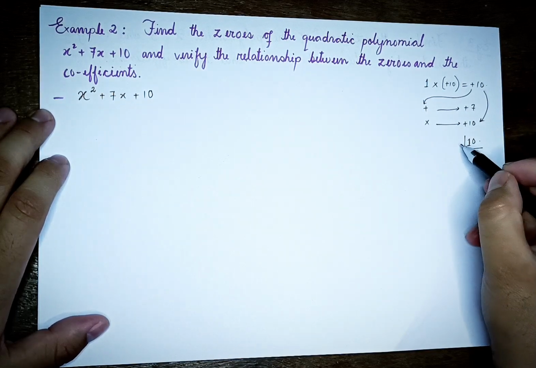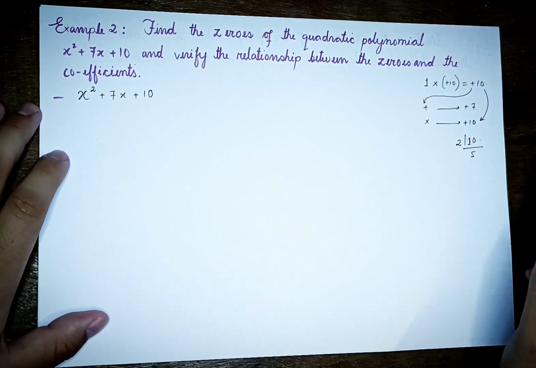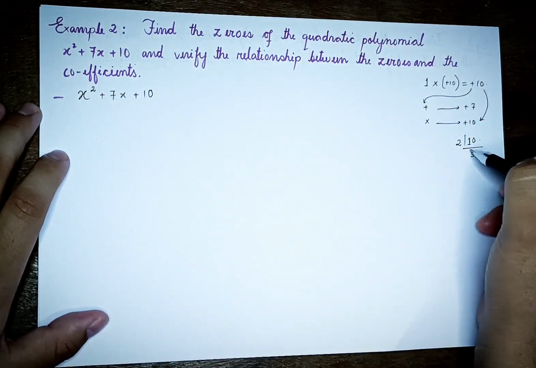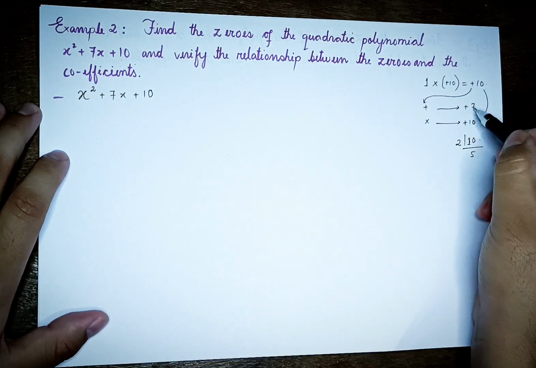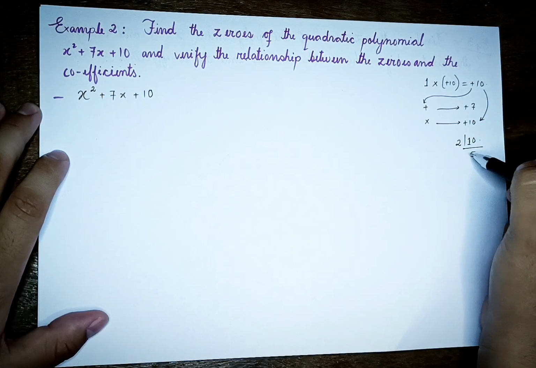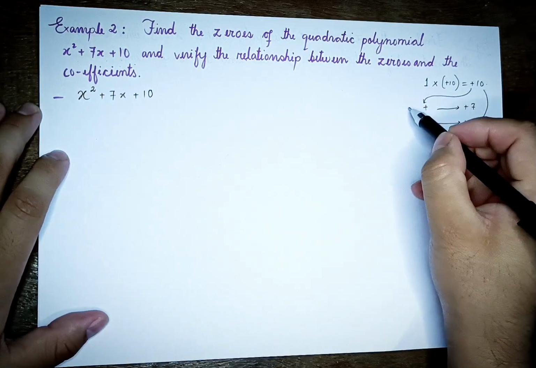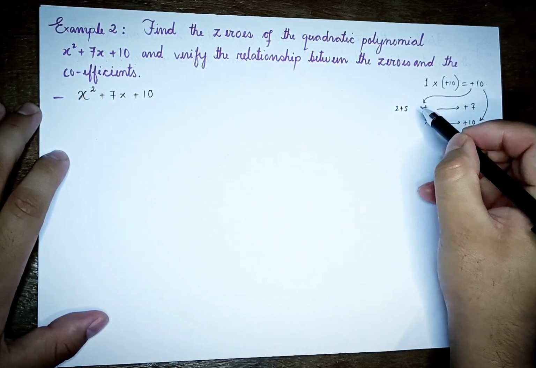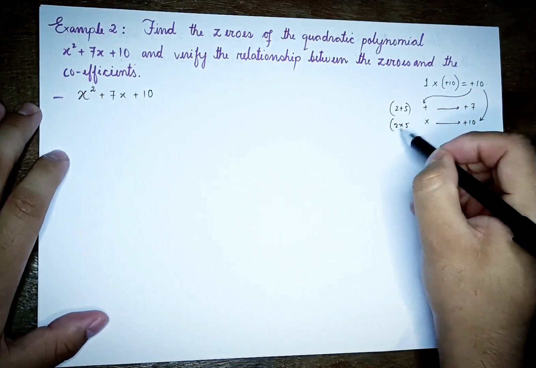Prime factorization of 10 gives 2 times 5. So we get 2 and 5. By adding these two, 2 plus 5 is 7, and by multiplying these two, 2 into 5, we get 10. So these two conditions are satisfied. 2 plus 5 satisfies this one, and 2 into 5 satisfies this one.